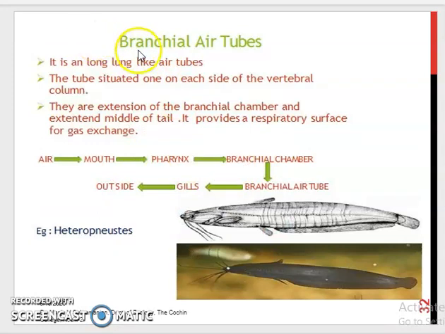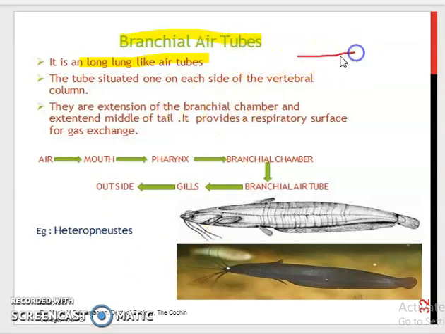The next type of accessory respiratory organ is the branchial air tubes. Actually, they are long lung-like air tubes situated on each side of the vertebral column. So it's a tubular structure.